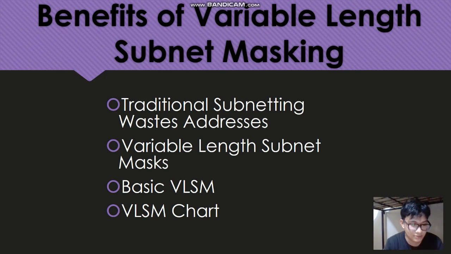Recall that the wasted address space was in the subnets used for the wide area network connection, because those subnets require only 2 usable addresses, one for each router interface. To avoid this waste, VLSM can be used to create some smaller subnets for the wide area networks.